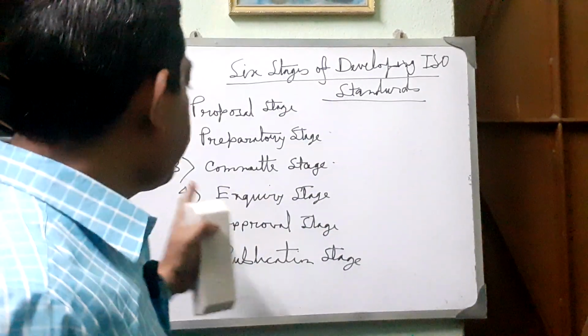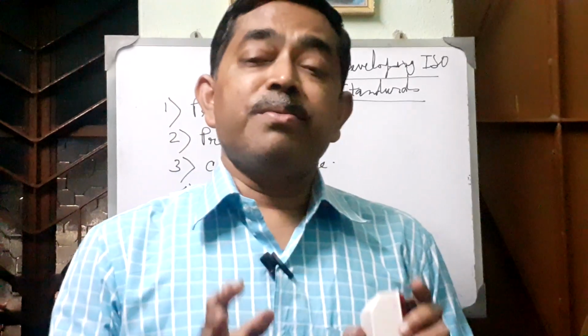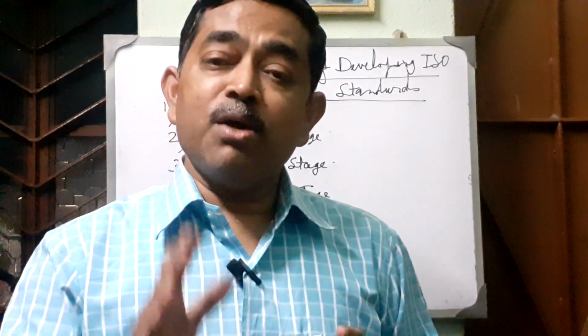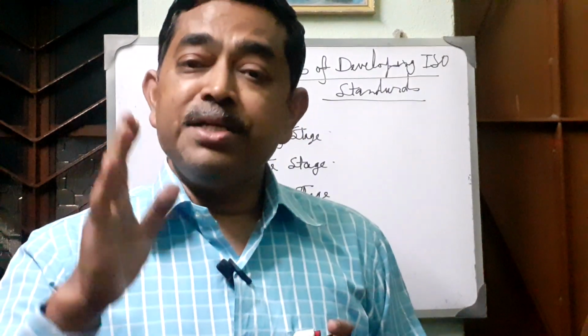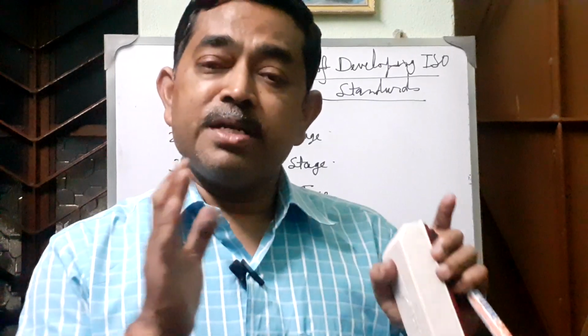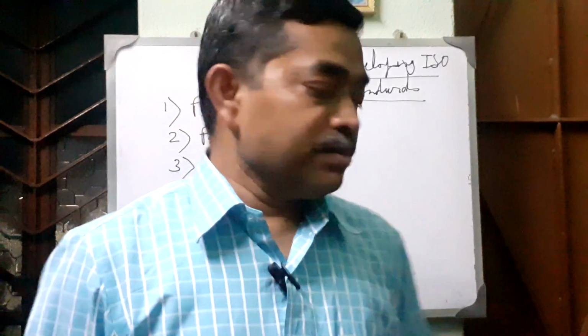Then the second is the preparatory stage, where a working group is set up to prepare the working draft of the new standard. This working group is composed of subject matter experts and industry stakeholders.